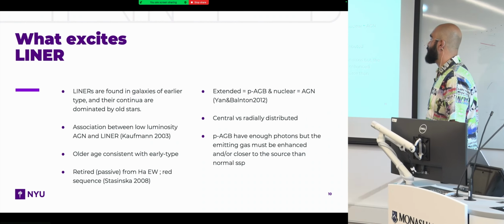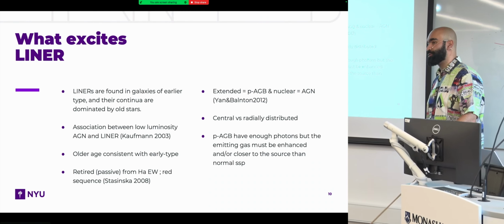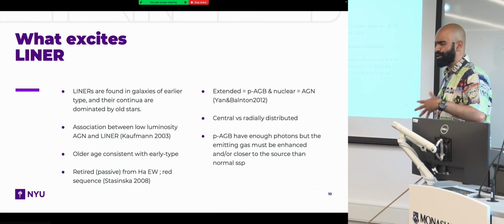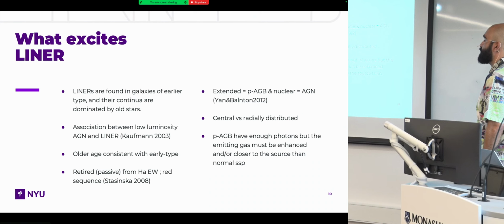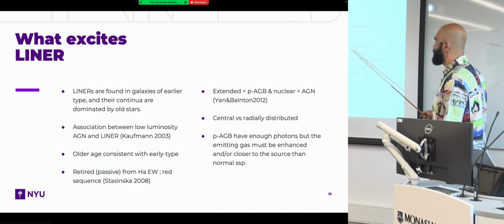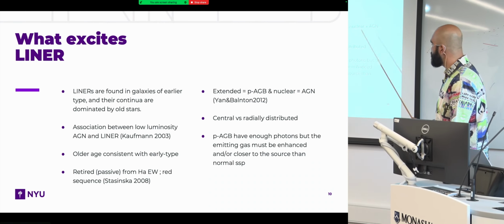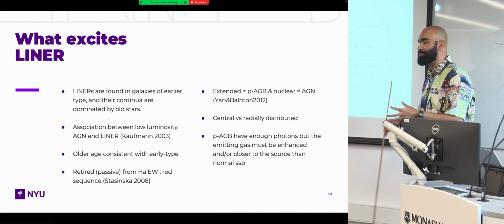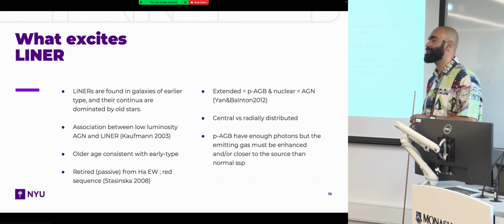And what they found is that centralized sources cannot produce this observed gradient in a large sample of galaxies. More likely, it's a radially distributed source, and the distribution of this source resembles the distribution of stars within the galaxy.